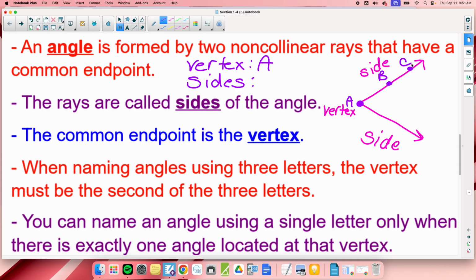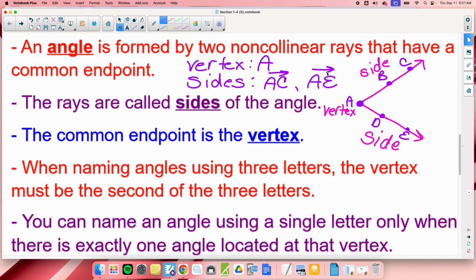Either one is fine, you have the choice there. Then if I go to this side, let's say there's a point D on here as well as a point E on here. What's one way you can name this side here? AE, and then you would put a ray above it.